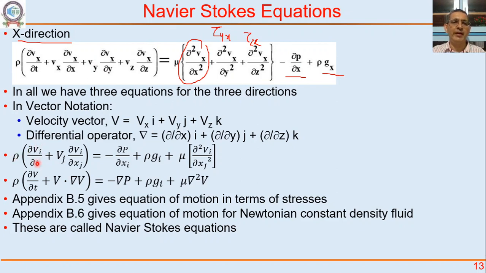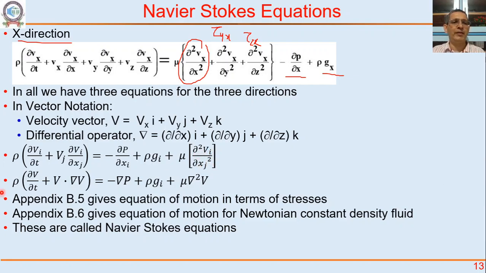Rho del vz by del t, vx del vz by del x, vy del vz by del y, vz del vz by del z, minus del P by del z, rho Gz, mu del square vz by del x square, del square vz by del y square, del square vz by del z square.